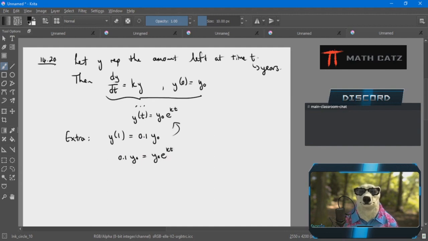No, not t. T is 1. Time is 1. And you see here, they didn't give me the initial amount because it didn't matter in this equation. So e to the k times 1, so just k is 0.1. So k is simply natural log of 0.1 with no extra calculation.